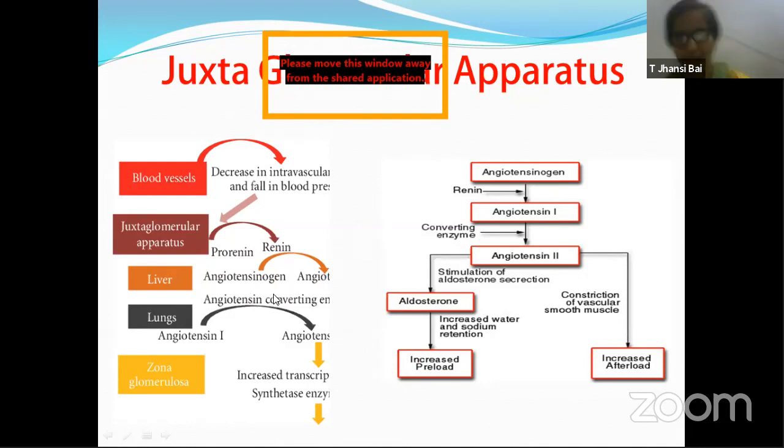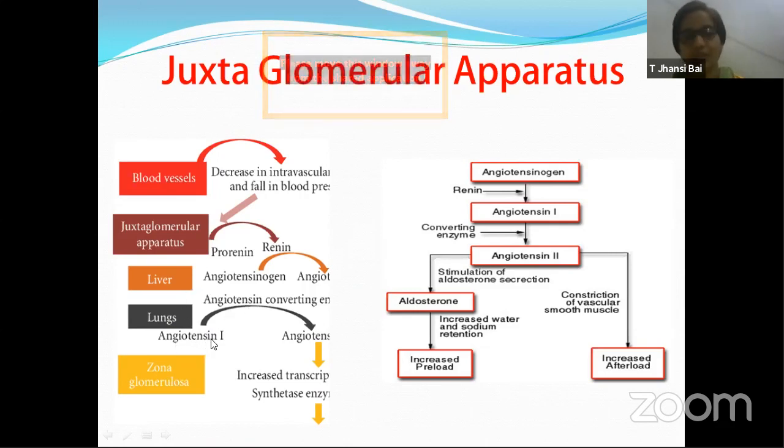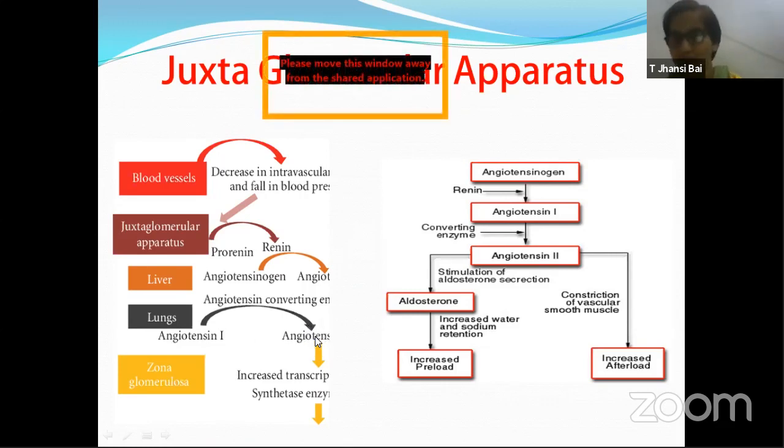Again, all these conversions take place because of enzymes. So from the liver to the lungs, it first gets converted into angiotensin 1, an unstable product, and then it becomes angiotensin 2.